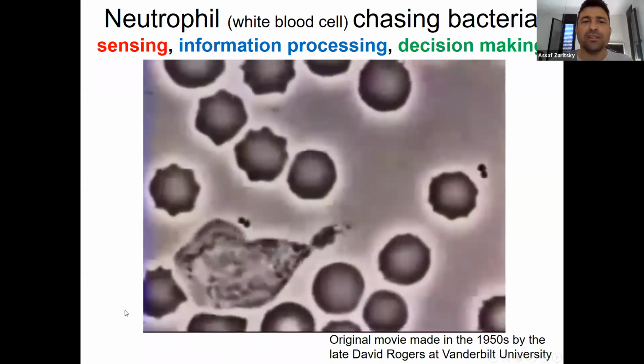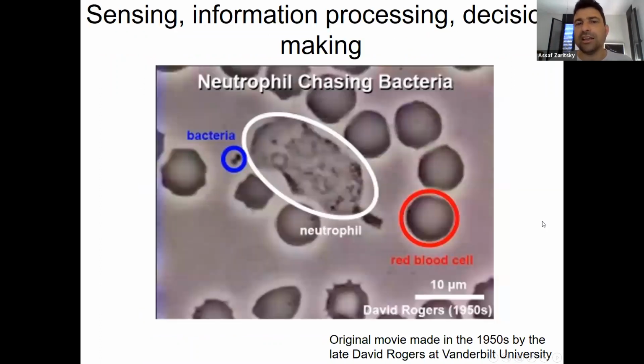This is a movie from the 50s where a neutrophil, a white blood cell, is chasing a bacteria, and these are red blood cells. Even with such simple microscopy and such a simple setting, you can see very complex cell functions taking place. The neutrophil needs to process information from the environment and organize its internal organization in order to chase the bacteria.